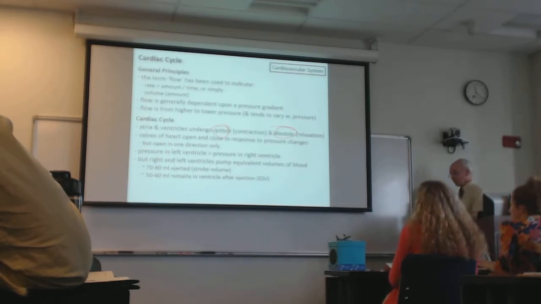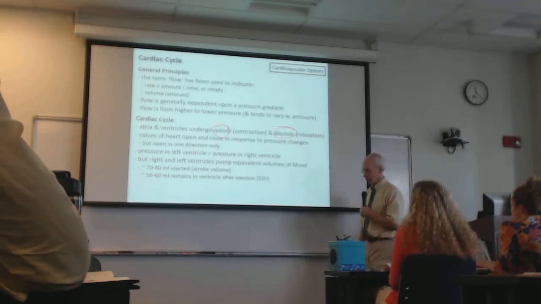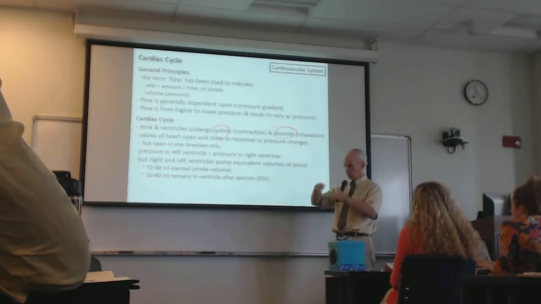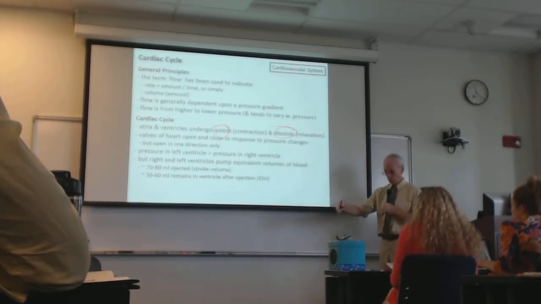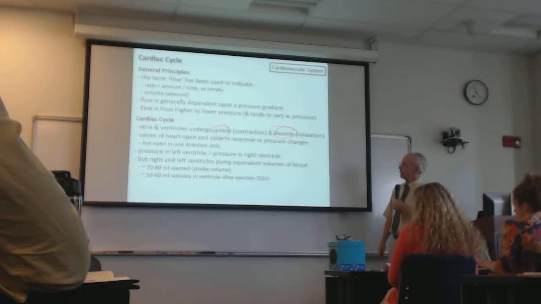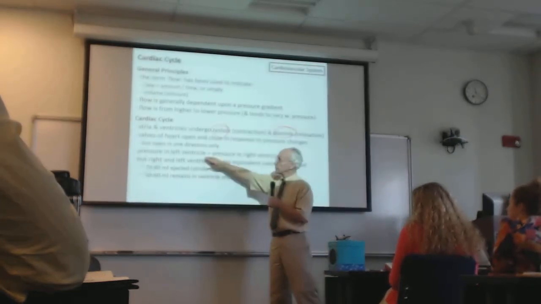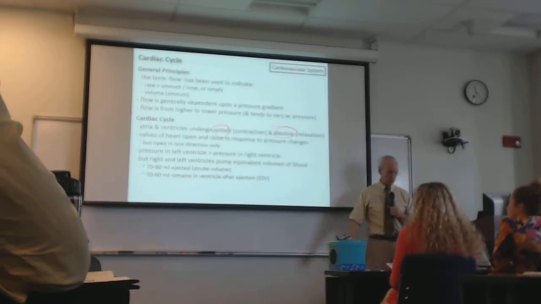As this happens, we talked about the fact that the AV valves and the semilunar valves initially have to open and then close. Remember, generally one pair is going to be open while the other is closed, and so on. The valves open only in one direction, they're unidirectional valves, and they open exclusively in response to the pressure gradient. We're going to find that the pressure on the left side of the heart is substantially greater than the pressure on the right side of the heart.